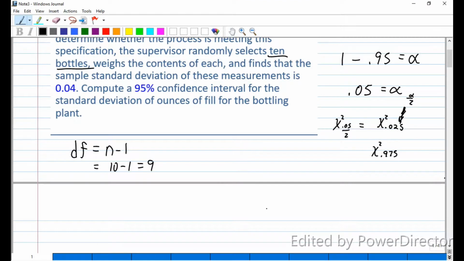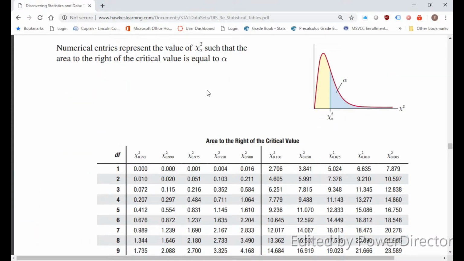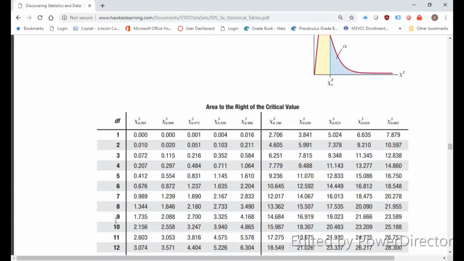All right, so we have this chi-square sub 0.025, and we have chi-square sub 0.975, and our degrees of freedom is 9. So here's our degrees of freedom right here.